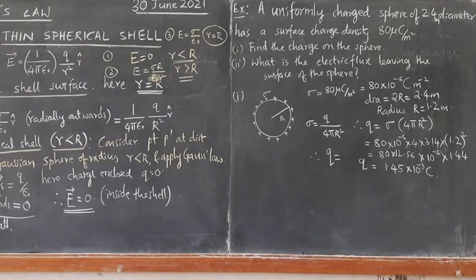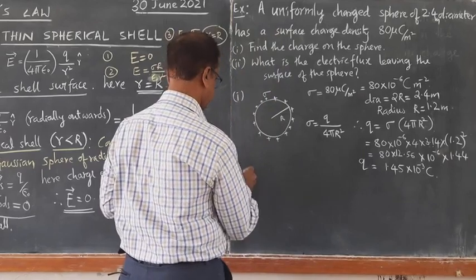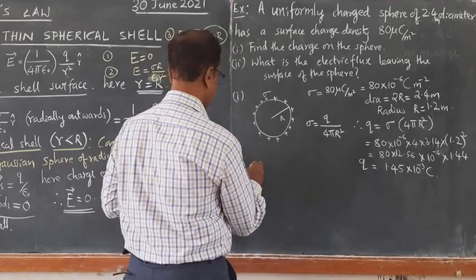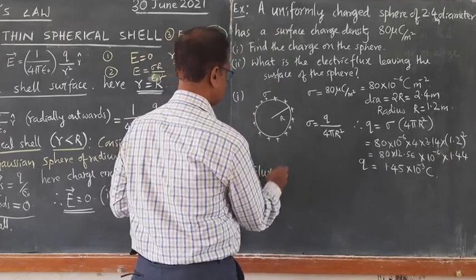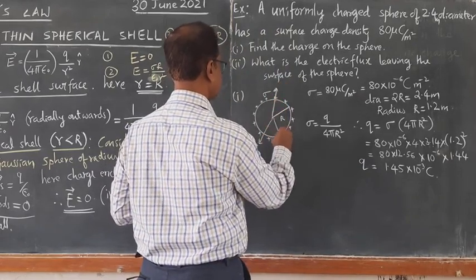That is the charge. So once we calculate the charge, the second thing is to calculate the flux. The flux will be radially outwards due to radial electric field lines.